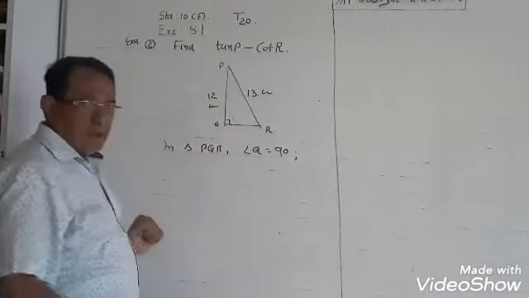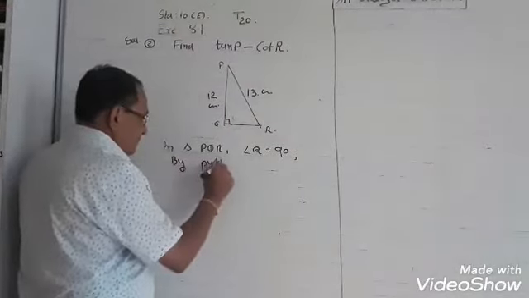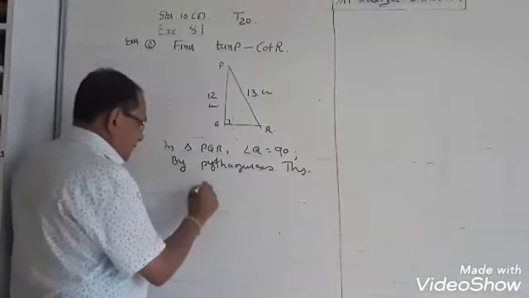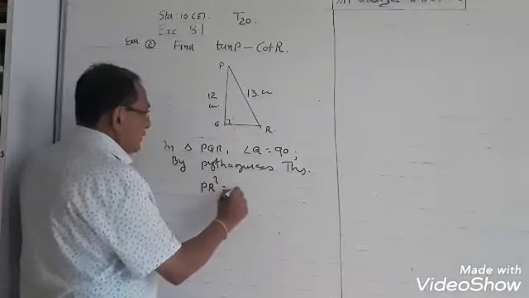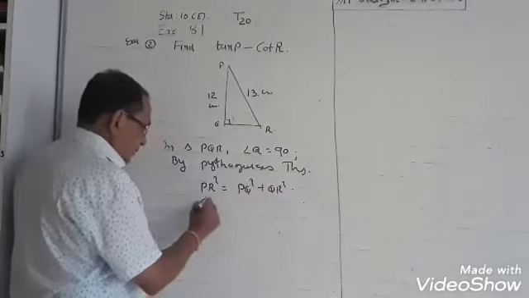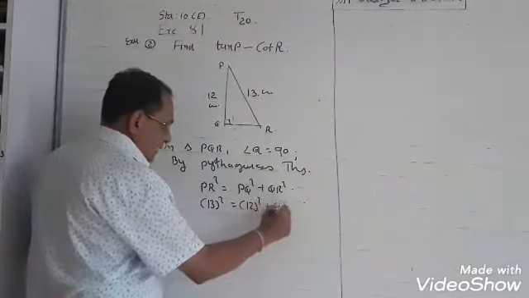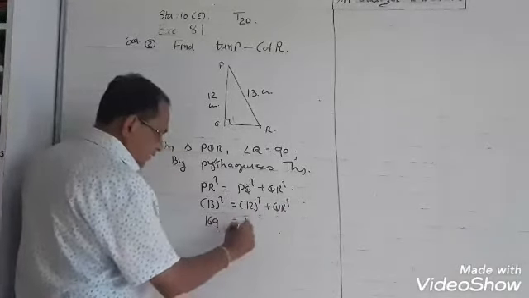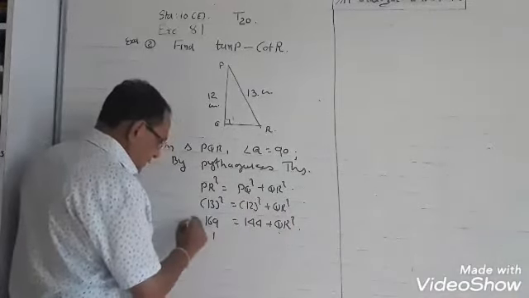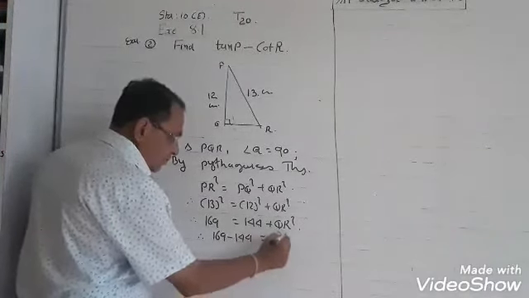By Pythagoras theorem, PR square is equal to PQ square plus QR square. 13 square is 12 square plus QR square. 169 is 144 plus QR square. 169 minus 144 is equal to QR square.